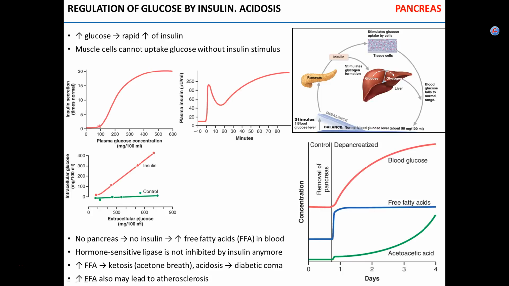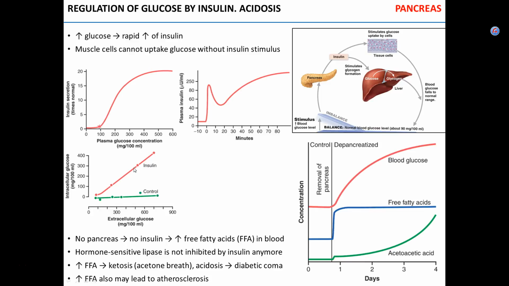Does that make sense? You get the pancreas in, you get insulin, more glucose out, more glucose in. It just shows you the effects of insulin on uptake. Very convincing.